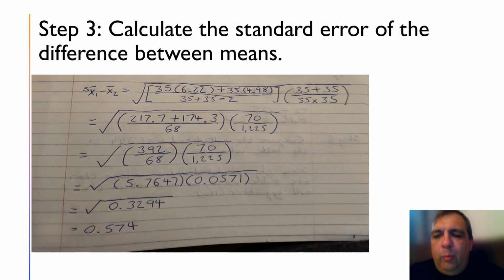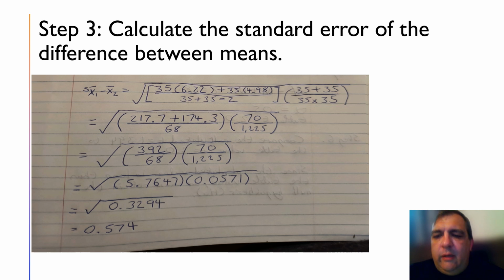So the total for group 1 was 35. The total for group 2 is 35. Add those together and then subtract 2 from that. Then once we've done with that step, we multiply the whole thing by N1 plus N2 over N1 multiplied by N2.